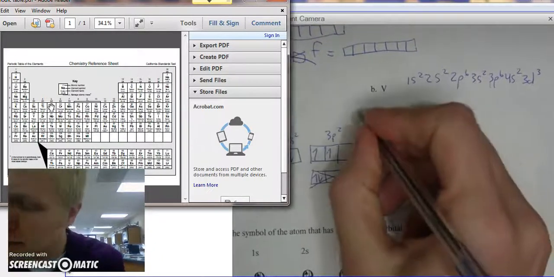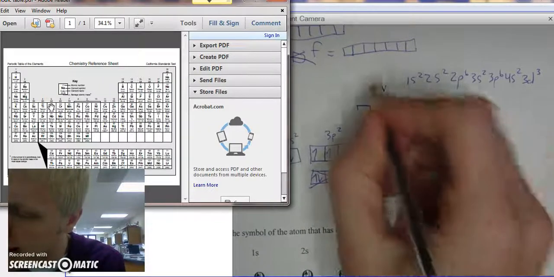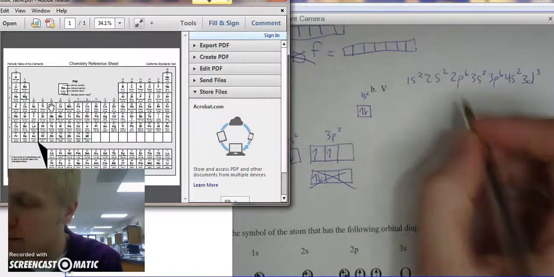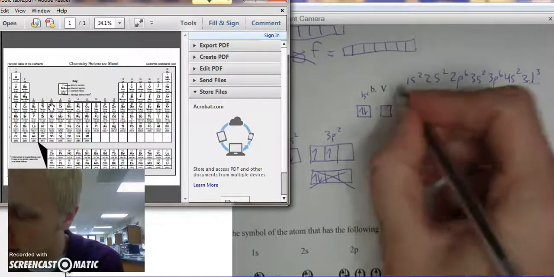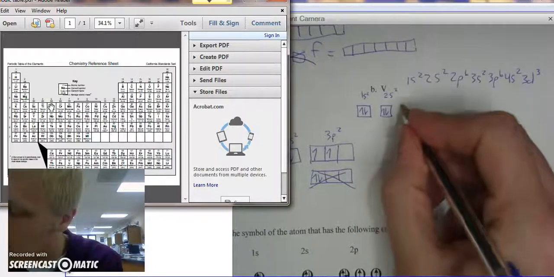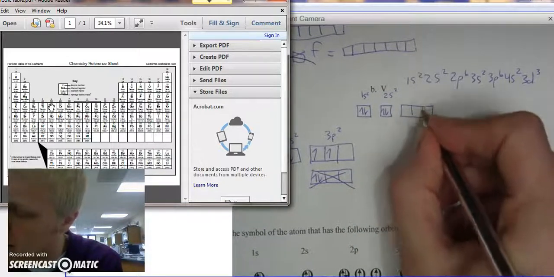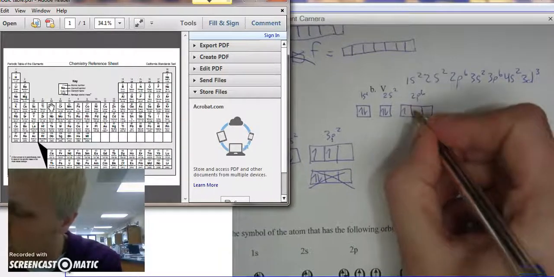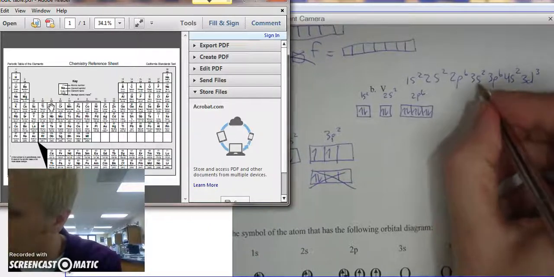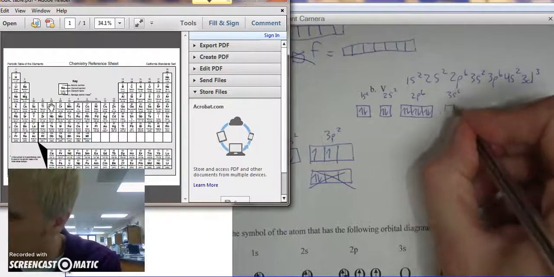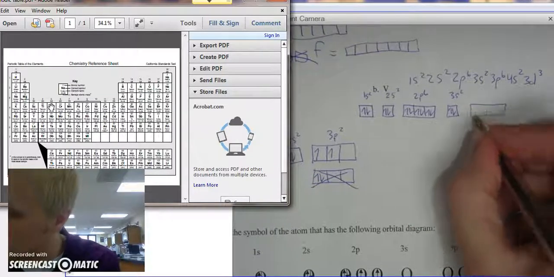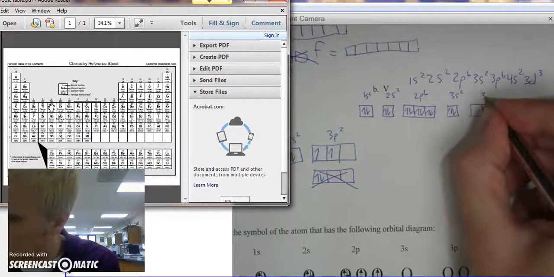Now we can do the orbital filling diagram. I'm going to start right here. That 1s2 is represented by one box, up arrow, down arrow. 2s2, again, one box, up arrow, down arrow. 2p6: 1, 2, 3, 4, 5, 6, and it's filled up. Now we have 3s2, one box, up arrow, down arrow. 3p6, same deal, 3 boxes, all filled up.